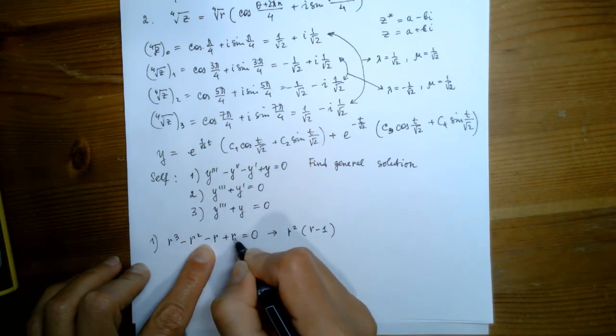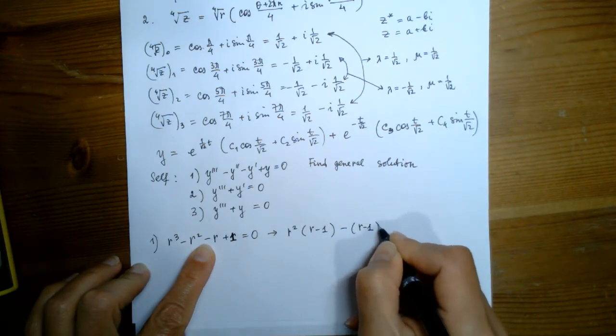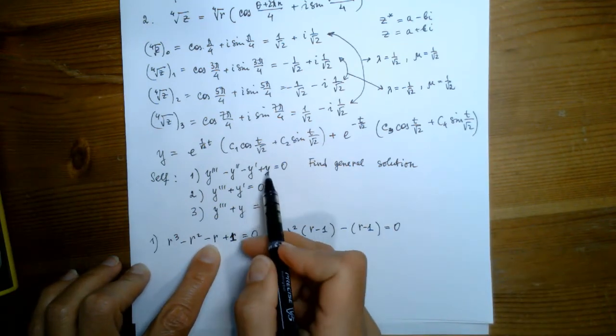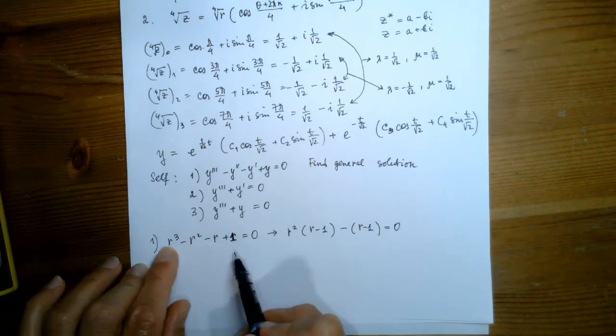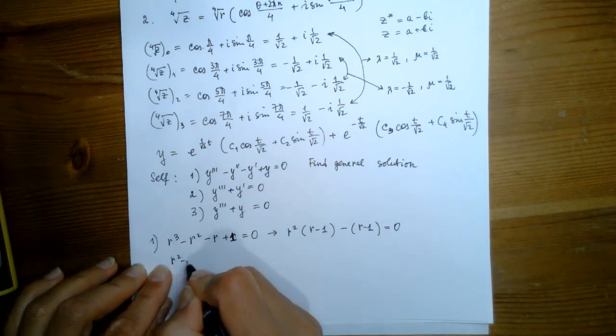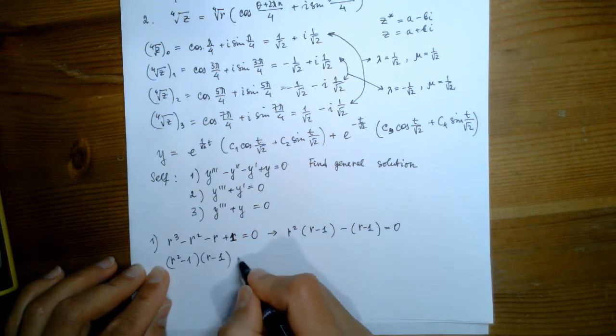I'm sorry, this is not r, that's just 1 actually. Minus r minus 1 here equals 0. Little mistake, it was not r, just 1. So I have r squared minus 1, r minus 1 equals 0.